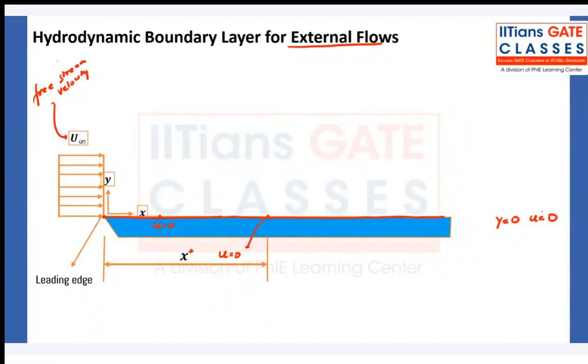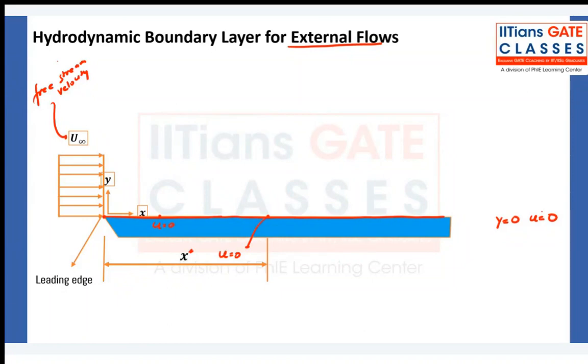You can also see this example. Suppose you have an inclined plate in the downward direction. If you drop some water on this plate, one layer will be attached to the plate.